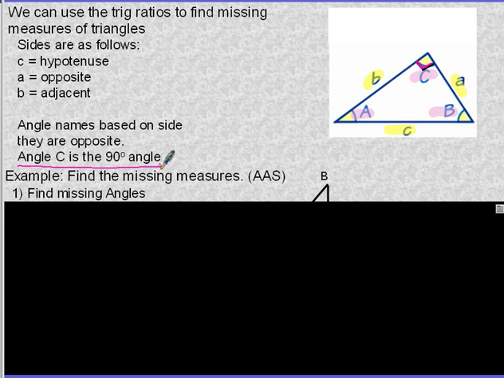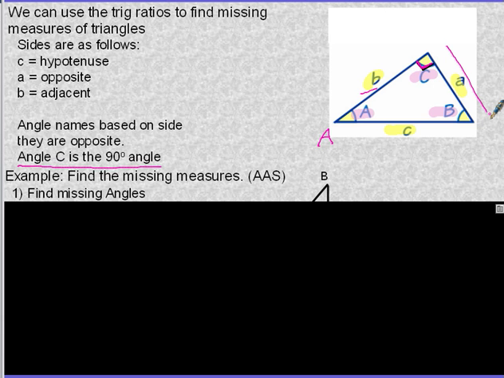So side c is opposite angle C, side b is opposite angle B, and side a is opposite angle A. You need to know that, because if I show you a picture and ask you to find side a, and I'm telling you this is angle A, you need to know that this is the side you're going to find. So this is the standard labeling that we're going to be using for most of this chapter. The only difference is after today, you can no longer assume that angle C is a 90-degree angle.